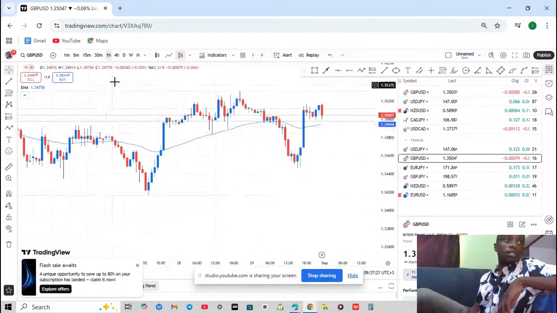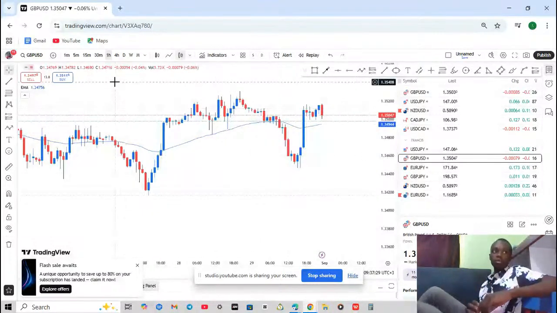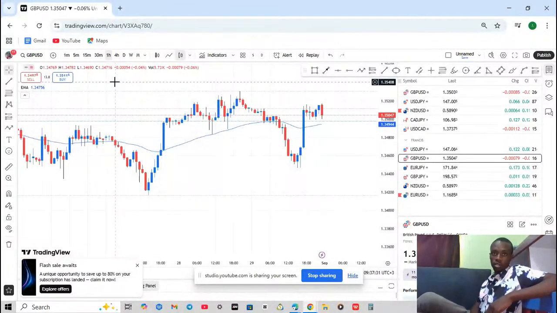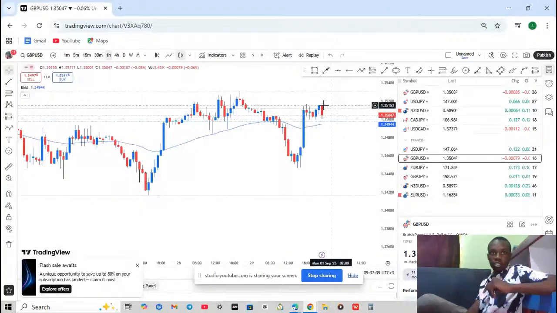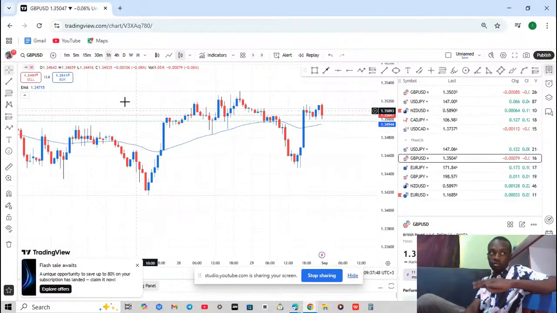Here it is. This is GBP/USD. The first condition I said we are looking for is that the market must have three consecutive closes below or above the 50 exponential moving average. If you look clearly here, we have three consecutive closes above the 50 exponential moving average in the 1 hour chart. So the first condition is met.